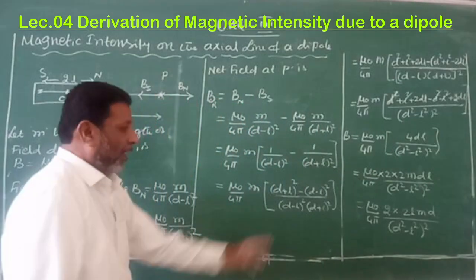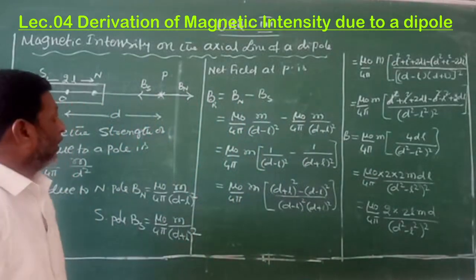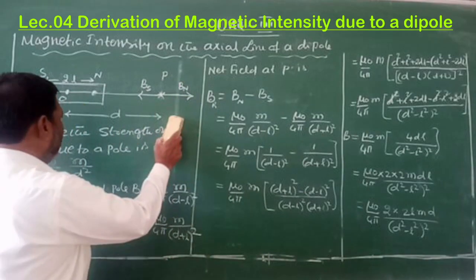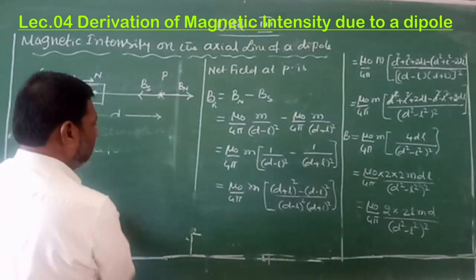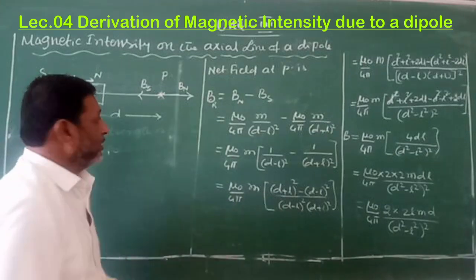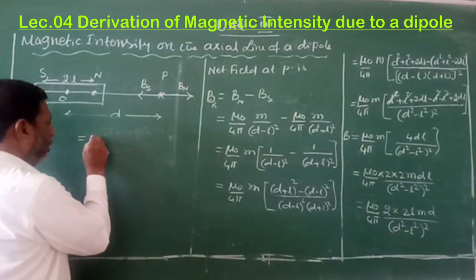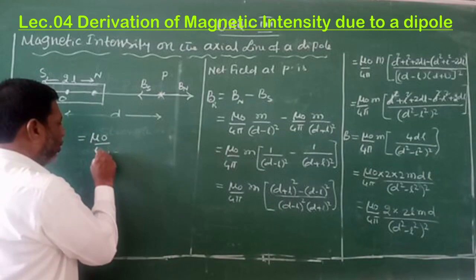Now, after understanding up to here, let us come to arranging this one. This is equal to mu naught divided by 4 pi.